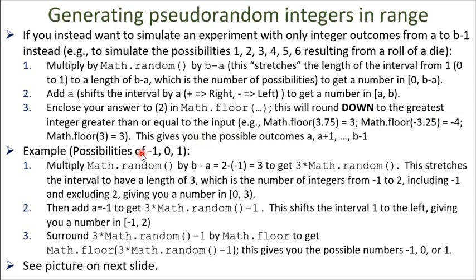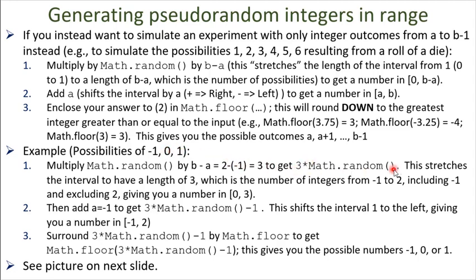So again, going back to the specific example where your b is 2, because you have b minus 1 is going to be 1, which means b has to be 2. You're going to multiply by b minus a, which is 2 minus negative 1, which is going to be 3.